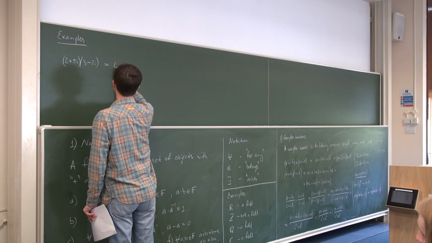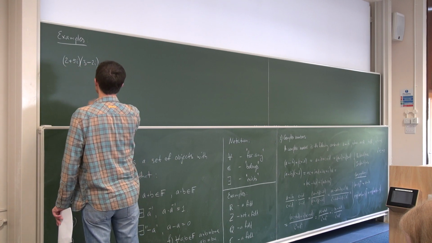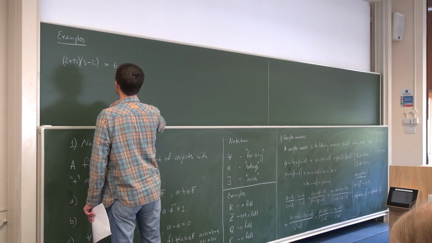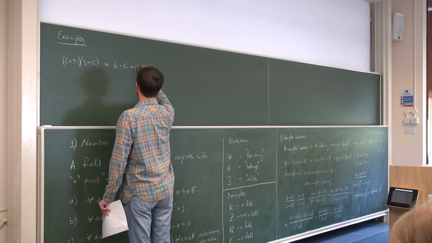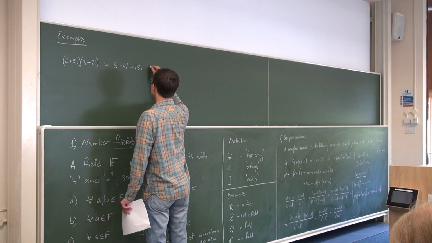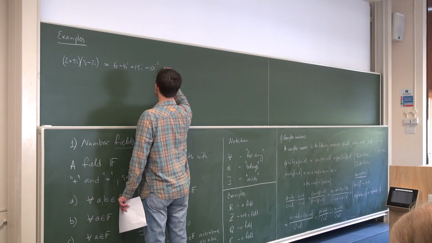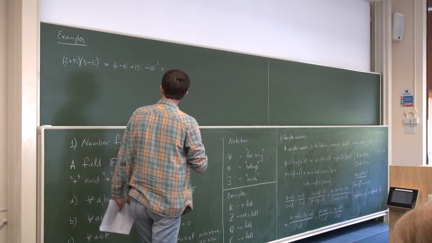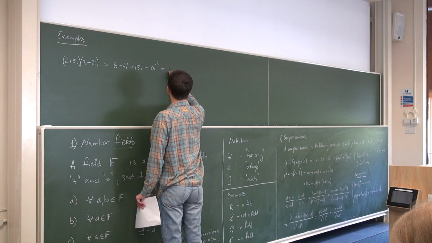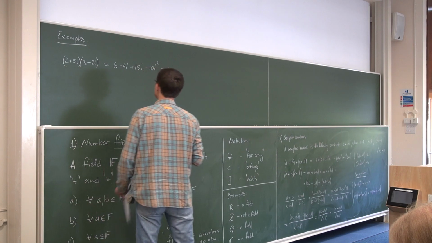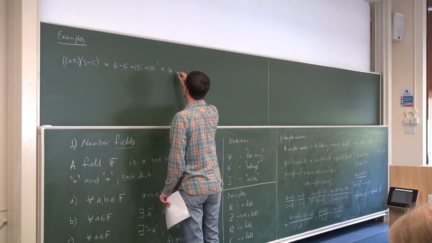So 2 times 3, 6. 2 times minus 2i, minus 4i. 5i times 3, 15i. 5i times minus 2i, minus 10i squared. Minus 10i squared is plus 10. And 6 plus 10, 16. Minus 4i and 15i, with different signs, plus 11i.